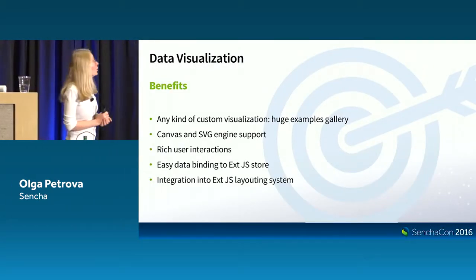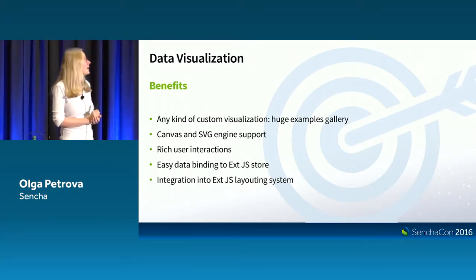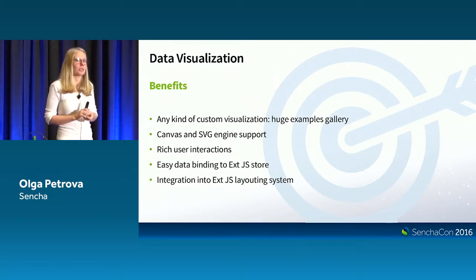So what benefits will you receive? You could add any visualization. You could choose any from a huge gallery. You may choose one of two engines, Canvas or SVG. SVG for user interactions, for visualization of huge data sets.